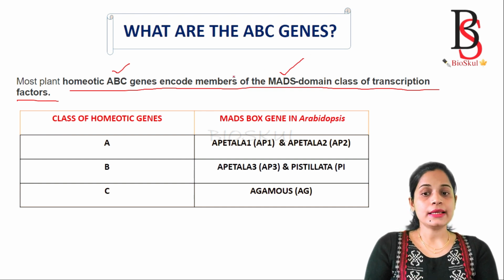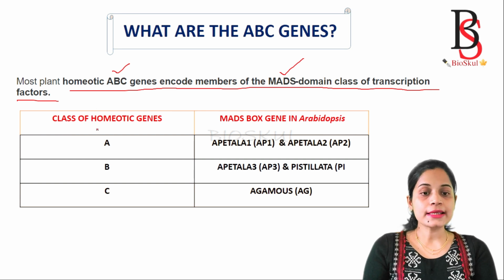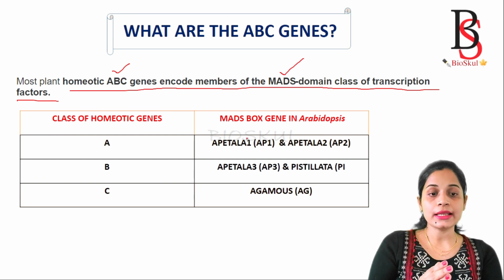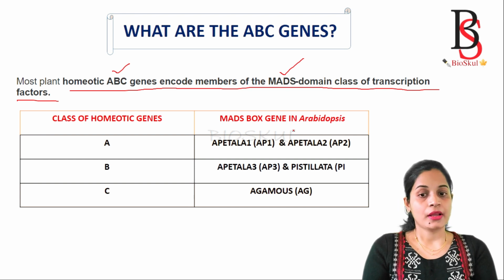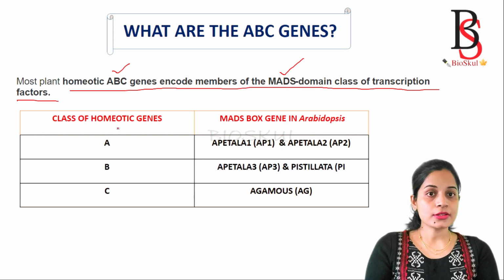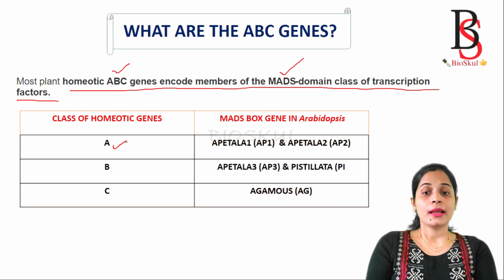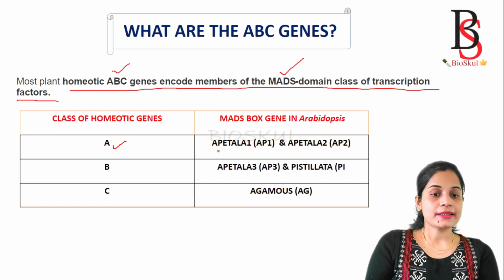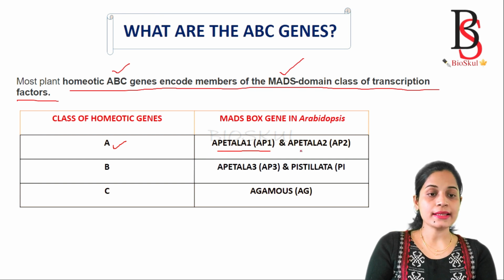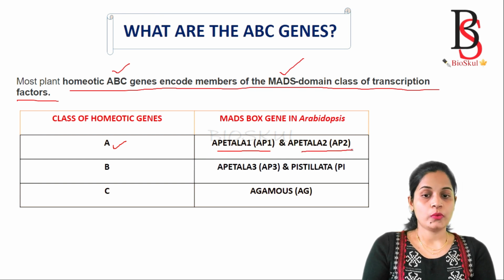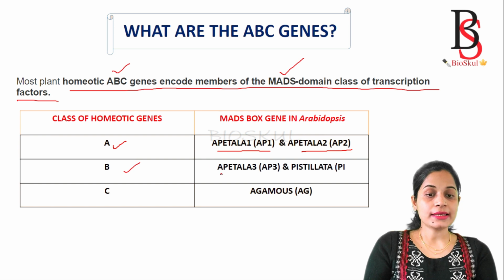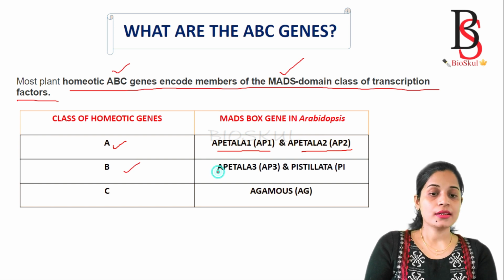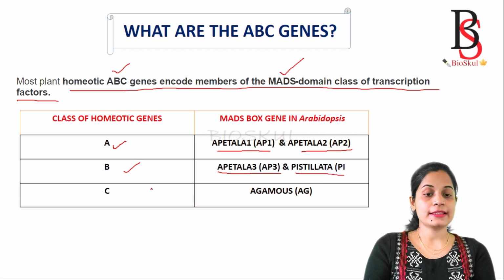So let's see the classes of homeotic genes and the MADS box genes in Arabidopsis. So we know that there are three classes of homeotic genes: A, B and C. The class A genes are Apetala 1 and Apetala 2, for class B the MADS box genes are Apetala 3 and Pistillata, whereas for class C, the gene is Agamous.